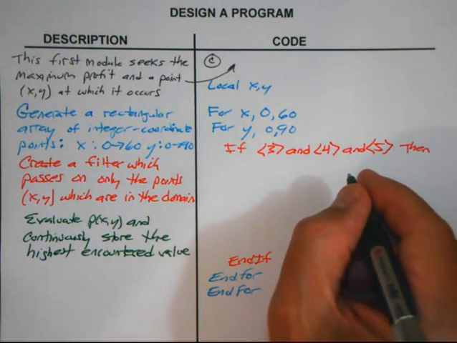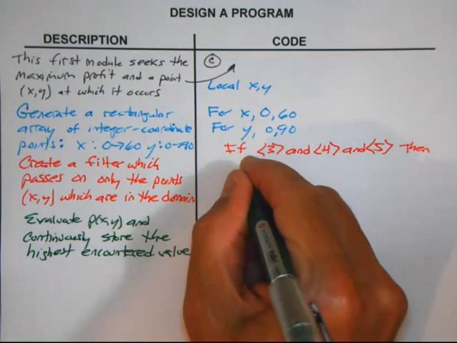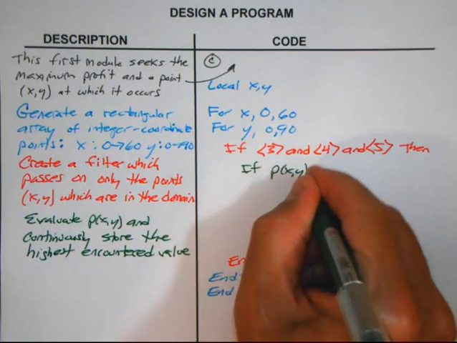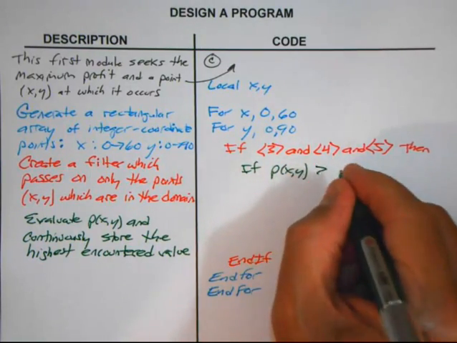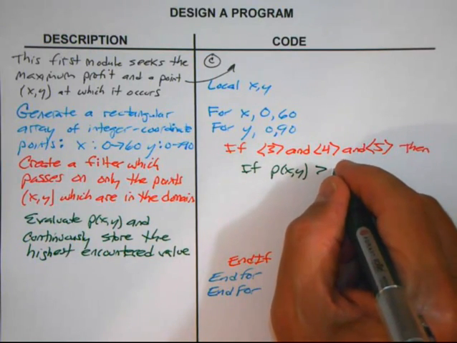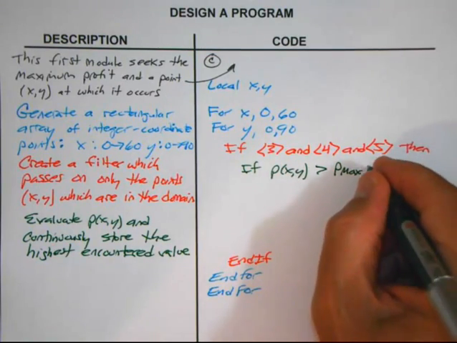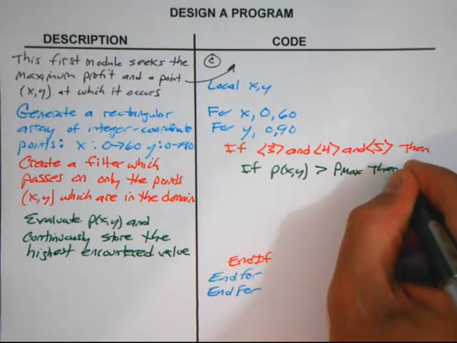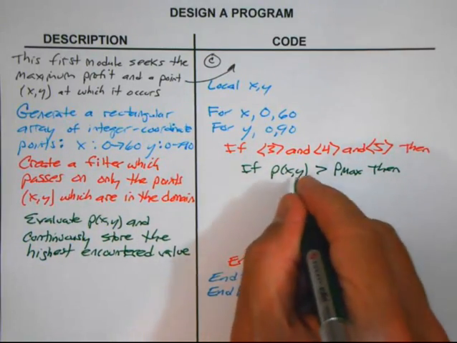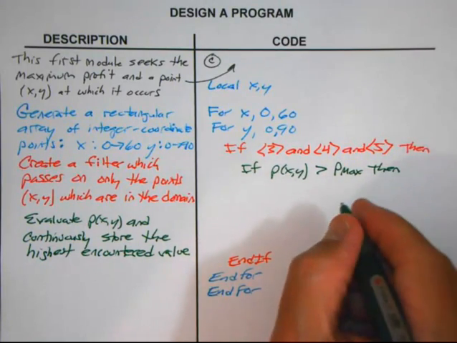Alright, so how would that look in code? Alright, let's see. We could come in here and say if P of x,y is greater than, we'll call the maximum storage location Pmax, then, alright, and so in other words, if we actually encounter something which has a new highest value, we should store it into the highest value location.